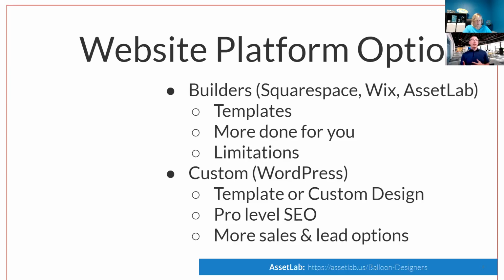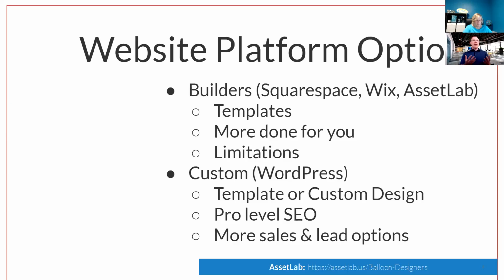When you have a custom website, typically the go-to platform for this is going to be WordPress. Drupal is another one that's out there. It's got a very small share of the market compared to WordPress, but you may be familiar with Drupal. You can go from templates, or you can create custom design. You've got far more control over SEO. You've got far more control over conversions of visitors into phone calls, visitors into sales, visitors into contact forms that integrate to the rest of your marketing funnel.